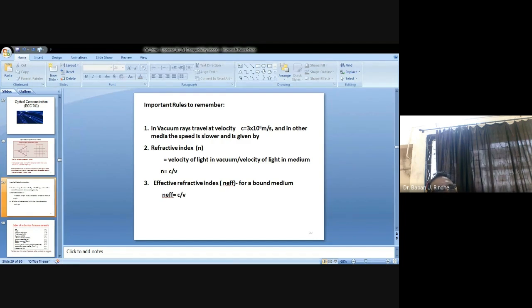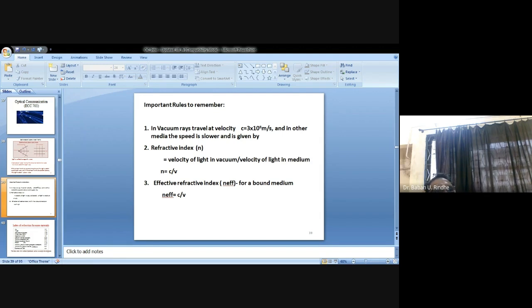Then water has refractive index 1.33, magnesium chloride 1.38, fused silica SiO2 1.46, and Al2O3, that is sapphire, has refractive index 1.8. Lithium niobate, LiNbO3, has refractive index 2.25.